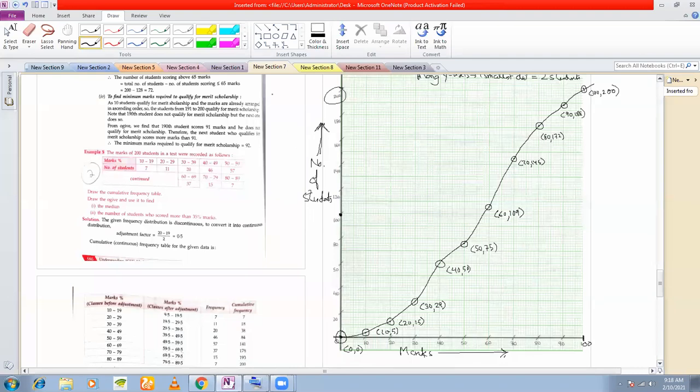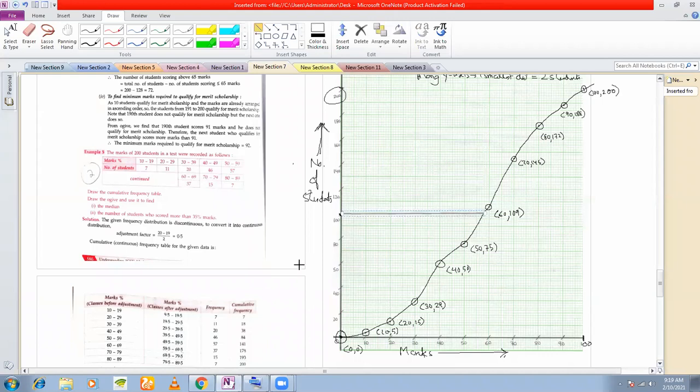Now what you do, with the help of a scale, you draw a line from this point 100 till this line intersects the graph here.